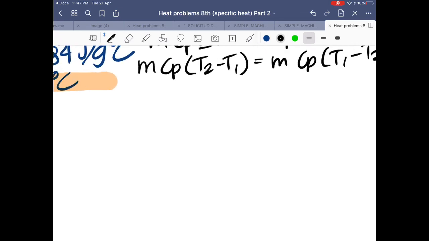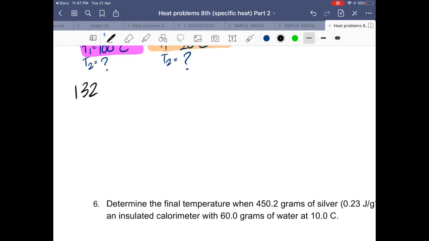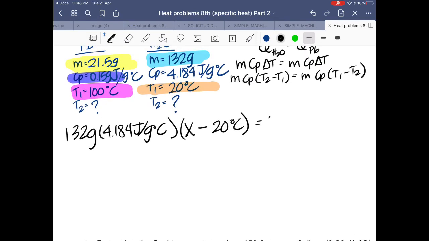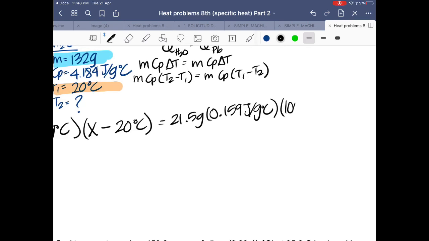So you start putting the information. 132 grams times 4.184 joules over grams per degree Celsius times x minus 20 degrees Celsius equals 21.5 grams times 0.159 joules over grams per degree Celsius times 100 degrees Celsius minus x.